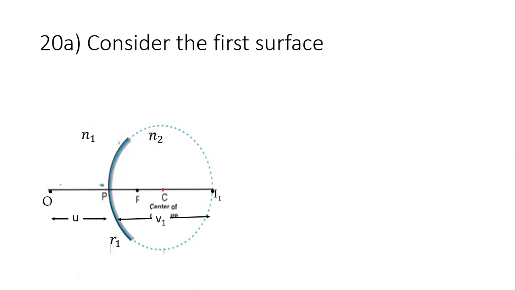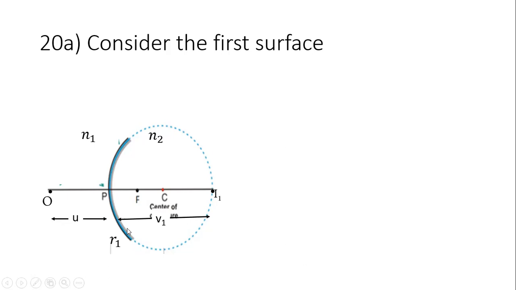We are looking at lenses, so don't get too confused. So this is your N1. This is your N2. The surface there is glass. That's your object. That's your pole. That's your object distance, U.